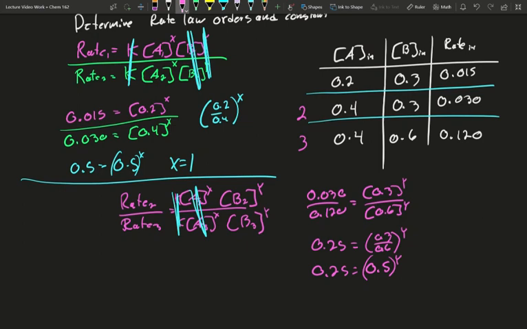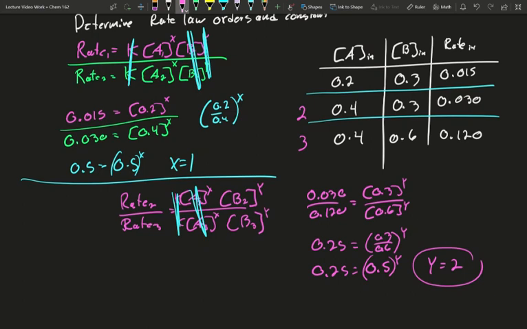So what does y have to be so that the right side would equal 0.25? Y has to equal 2. 0.5 times 0.5 will give me 0.25. So y must be 2, which means A is first order and B is second order.